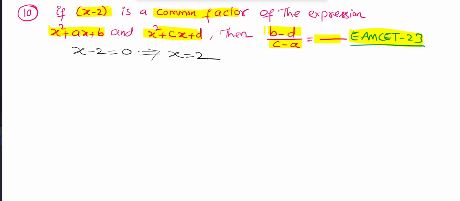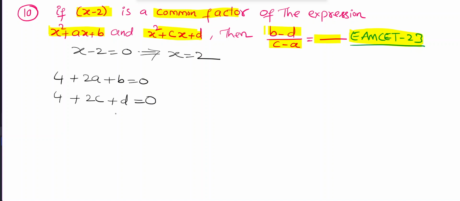Substituting x is equal to 2 in both the equations. In the first equation x square plus ax plus b, substituting, we get 4 plus 2a plus b is equal to 0. And substituting in the second equation, this is also x square, 4 plus cx, this is 2c plus d is equal to 0.